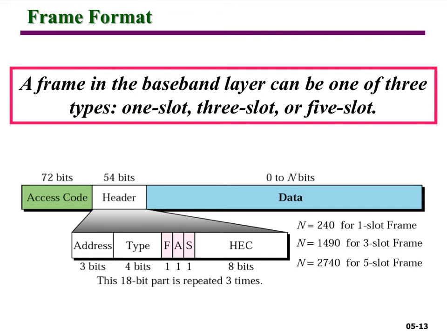But remember, if you have a 1-slot frame, you are allowed to hop from one frequency to another at each single frame. And we have up to 1,600 of these frames per second. So you can hop 1,600 times per second from one frequency to another in the physical layer. If you have a 3-slot frame, the hopping frequency will drop.